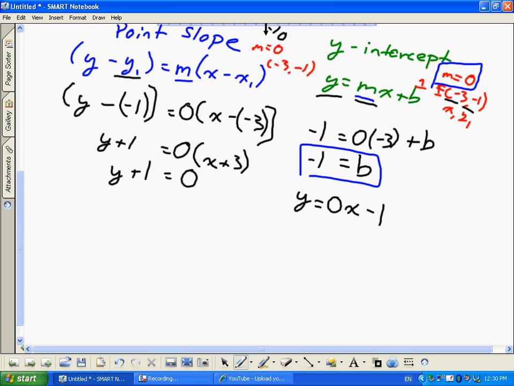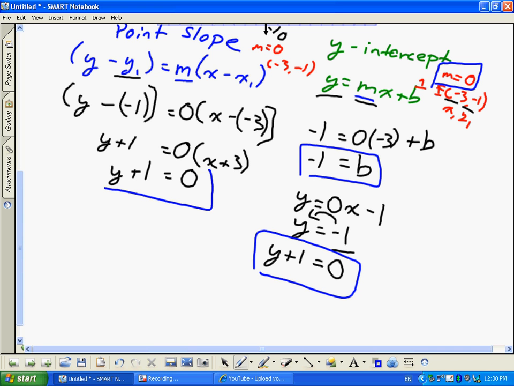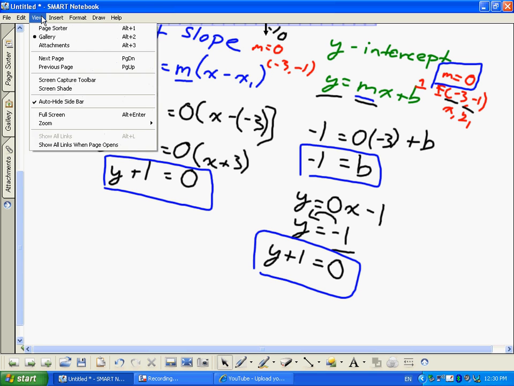What is 0 times x? 0. So y equals negative 1. But I have to put this in standard form. So I'm going to move the negative 1 to the other side of the equation, to our left here. Y plus 1 equals 0. We got the exact same answer as we did in point slope form, just maybe one or two extra steps.